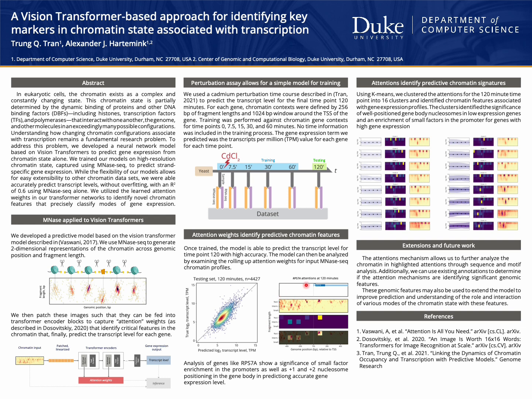So if we were to look at RPS7A, one of the genes that are downregulated in this cadmium response, it's a ribosomal subunit protein, and most translational pathways are downregulated under these stress conditions.